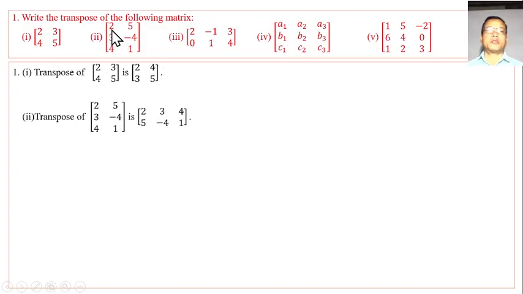Similarly, the first column becomes the first row, the second column becomes the second row.